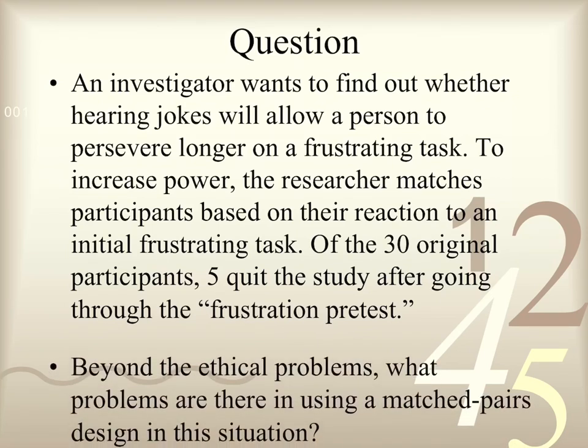Beyond the ethical problems, what problems are there in using a matched pairs design in this situation? Obviously, there's the ethical problem of frustrating people, making them mad, but experimentally, validity-wise, what are some of the issues with using this specific form of a matched pairs design? Write your answer in the box below. We're going to talk about it in class.